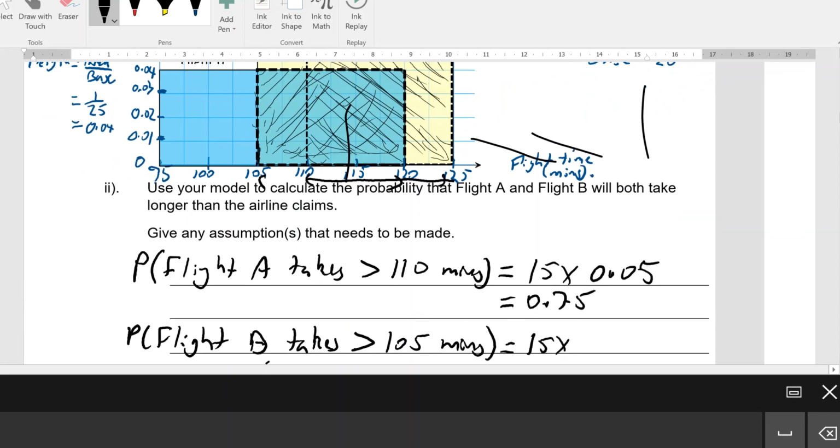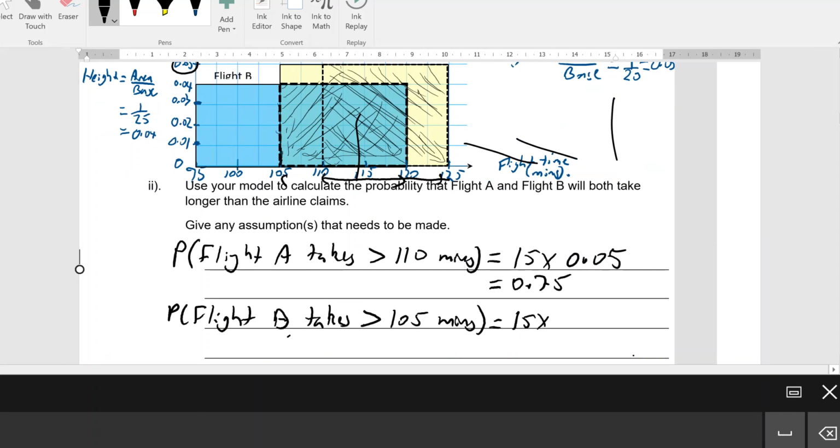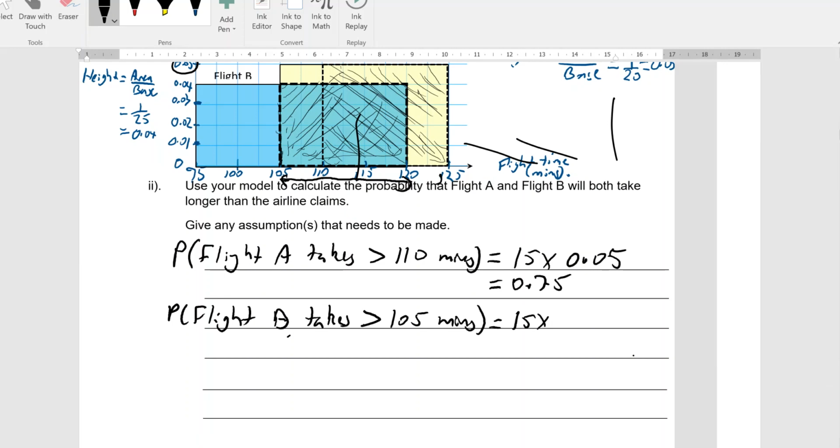Okay, for flight B, their claim is 105 minutes. So if we look at 105, what's the area to the right of 105 for flight B? Let's have a look. So it goes from 105 up to 120, so that's a base of 15.